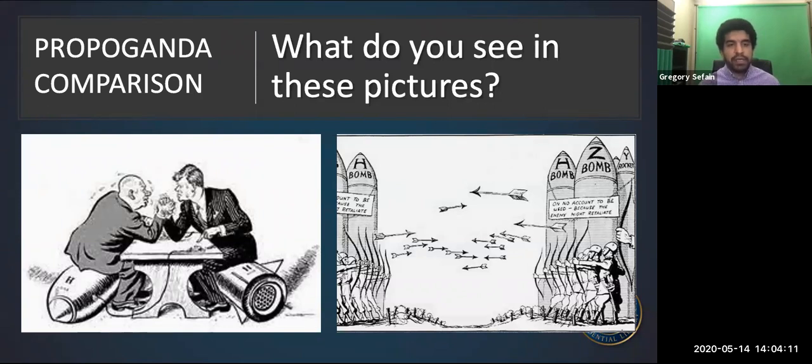Some hints that you might see is, in that first photo, there's John F. Kennedy and General Secretary Khrushchev, and they're both sitting on missiles and nuclear weapons. So they're both kind of at conflict with each other, where both of them don't want to use weapons or launch into a nuclear battle.